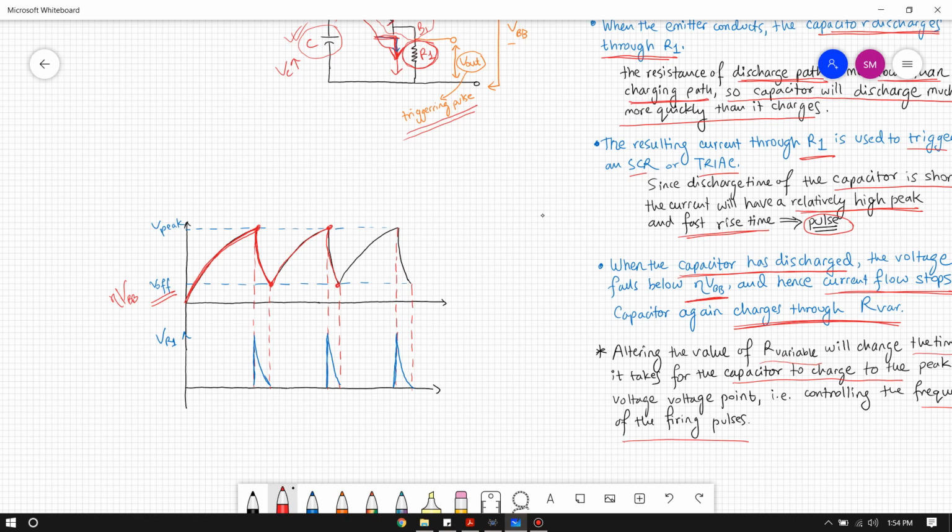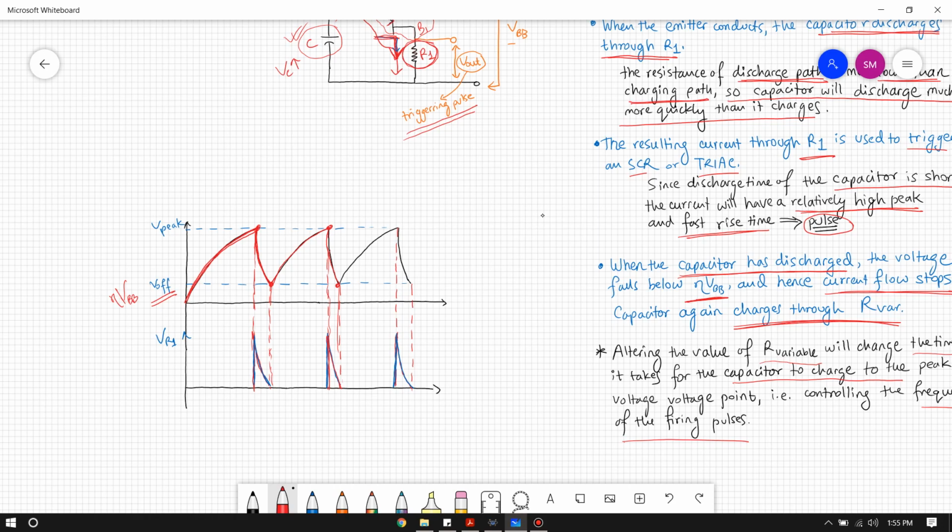And this portion of time that it discharges, right, this is when current flows through the resistance R1. So in the resistance R1 we have a peak of voltage like this, which corresponds to the pulses that we will use to trigger our SCR circuit.